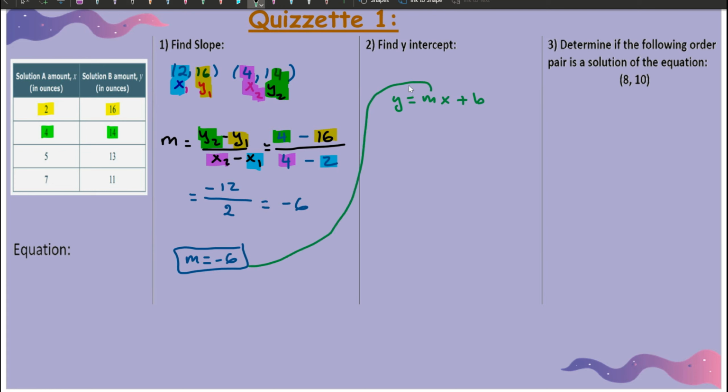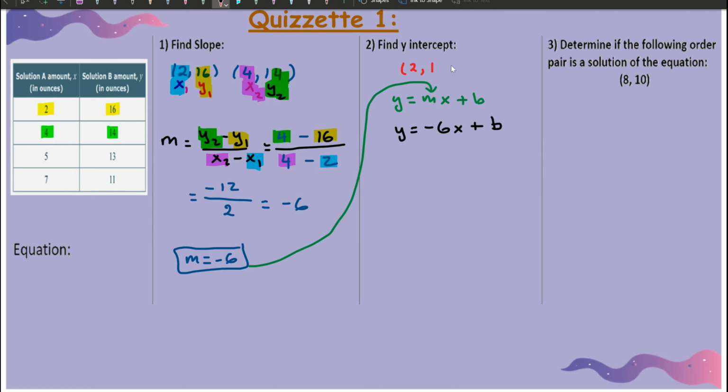So you plug in m as negative 6, which gives negative 6x plus b, and bring down the y. To solve for b, you need to plug in a point. Any point in this table will work. You can use the first, second, third, or fourth point. I'll use the first point because it looks simpler.